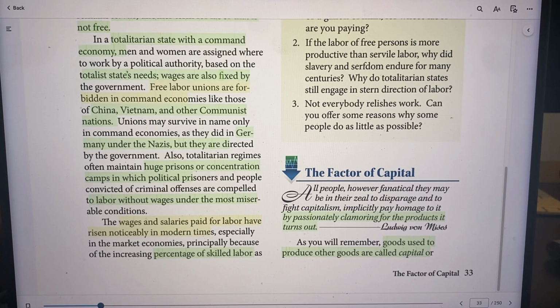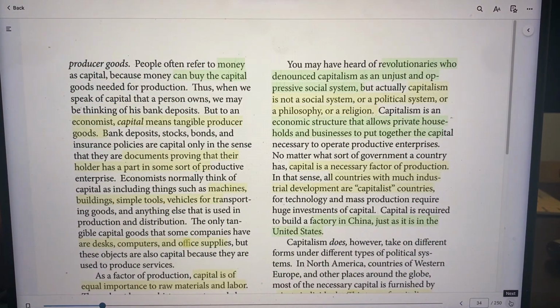So let's talk about capital. Capital are goods used to produce other goods. Money can buy capital, but to an economist, capital means tangible tools or goods that produce other goods.